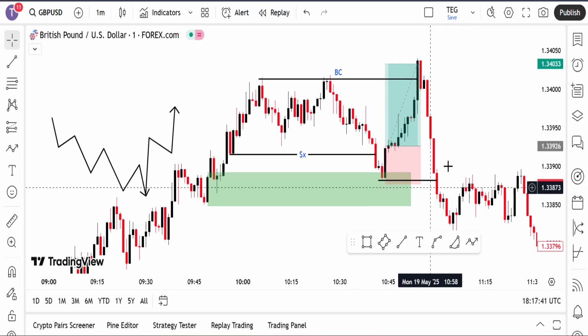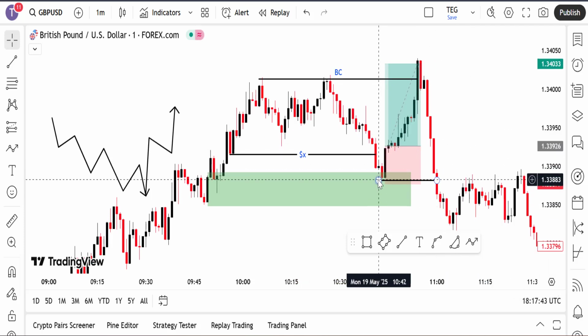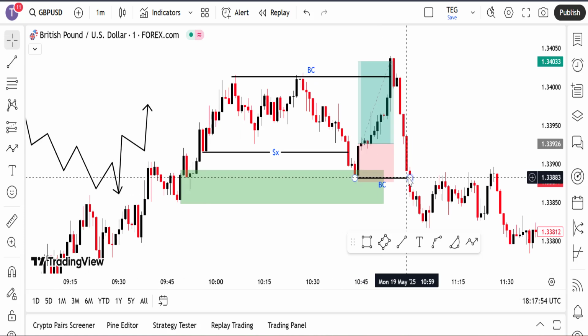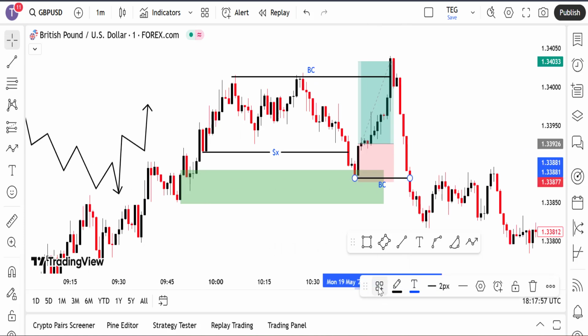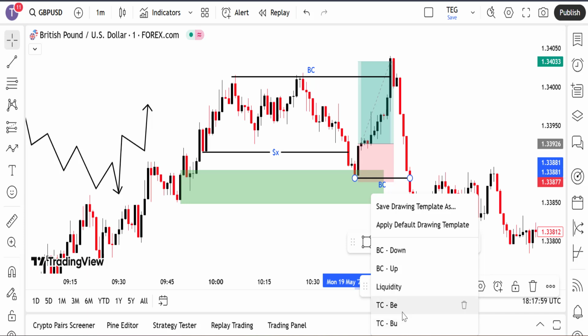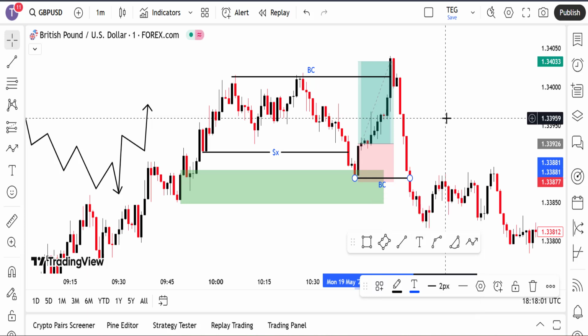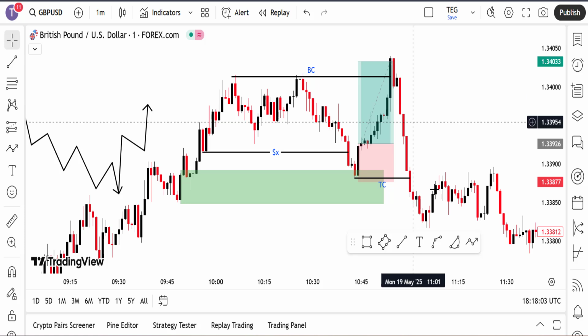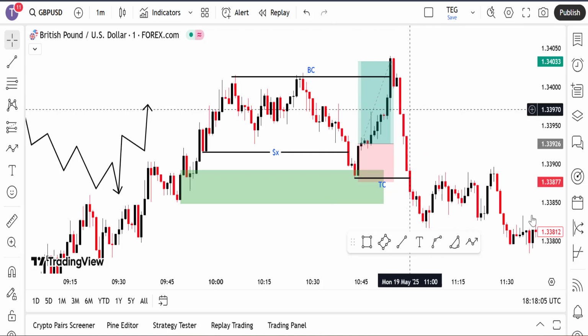However, you could not enter at this point. Price reversed and created our TC bearish, trend change, using the Larian concept.